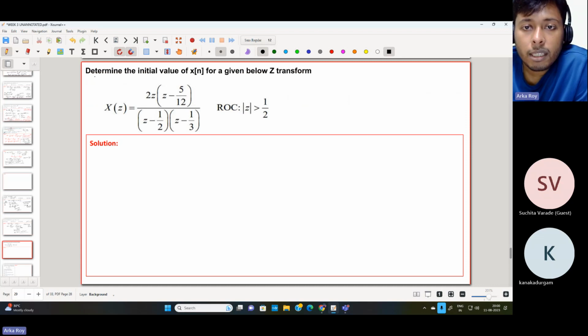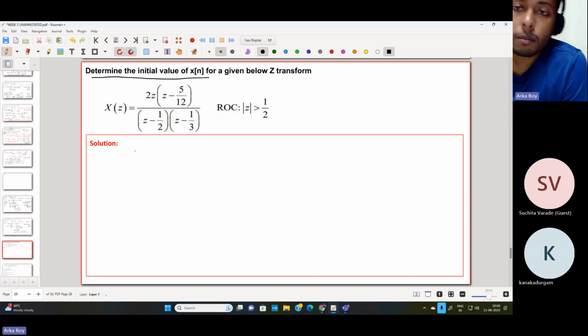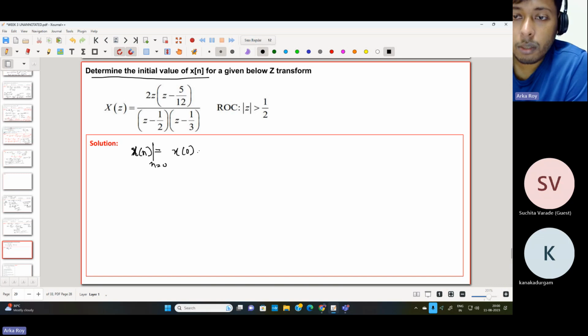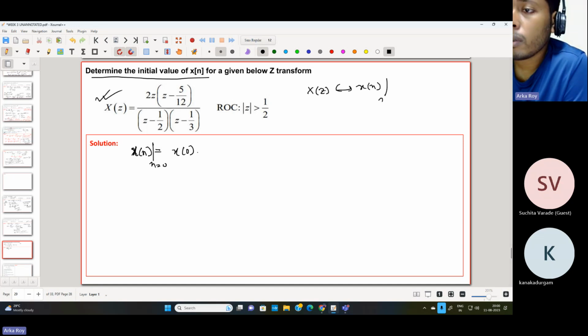Now this is determine the initial value. So initial value means x n evaluated at n equals to 0. This is called initial value. Now we have been given a Z transform. So apparently it looks like we need to find the x n, and then evaluate it at n equals to 0.